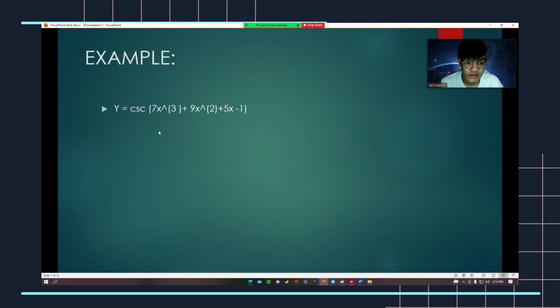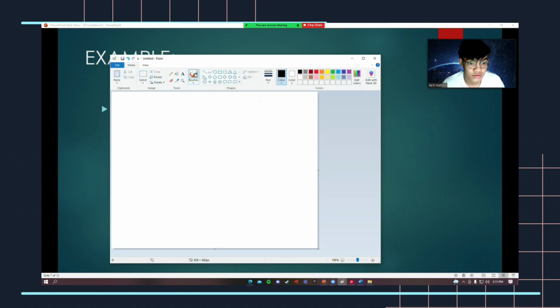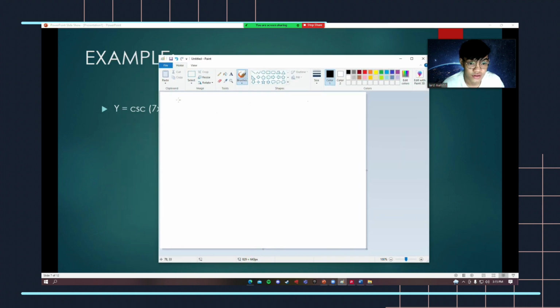Now let's have an example. y equals cosecant of 7x cubed plus 9x squared plus 5x minus 1.